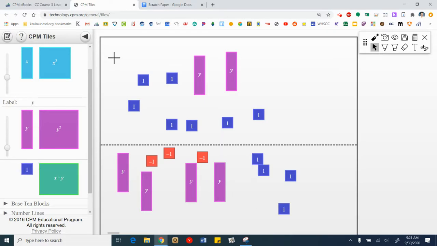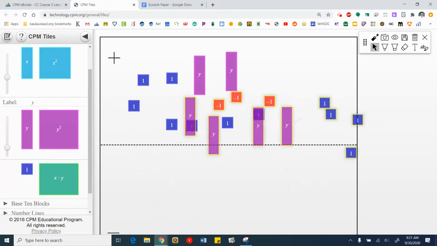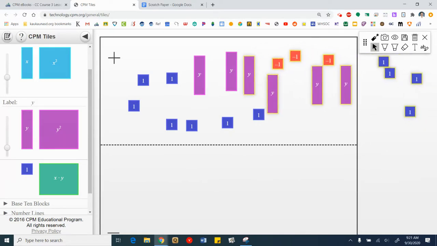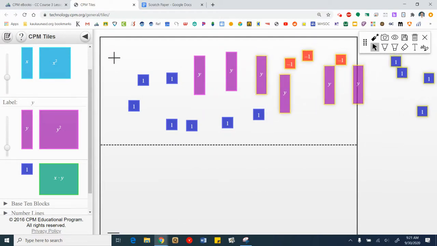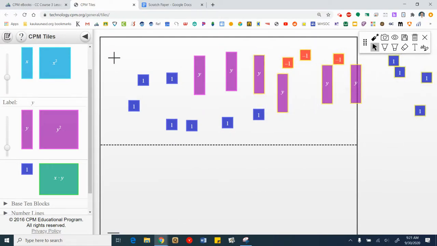One of the ways that we can do this is we can flip everything from the negative region up into the positive region and then change the signs. When I take them from negative into positive, I need to change the positives to negatives and negatives to positives. Now I can make pairs of positives and negatives. But I should write this down first. What did I do?